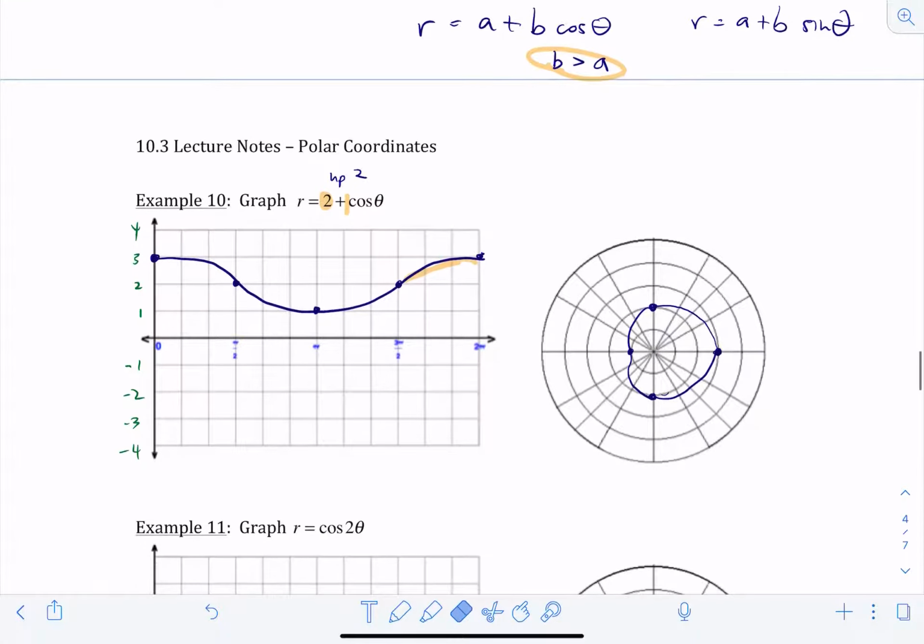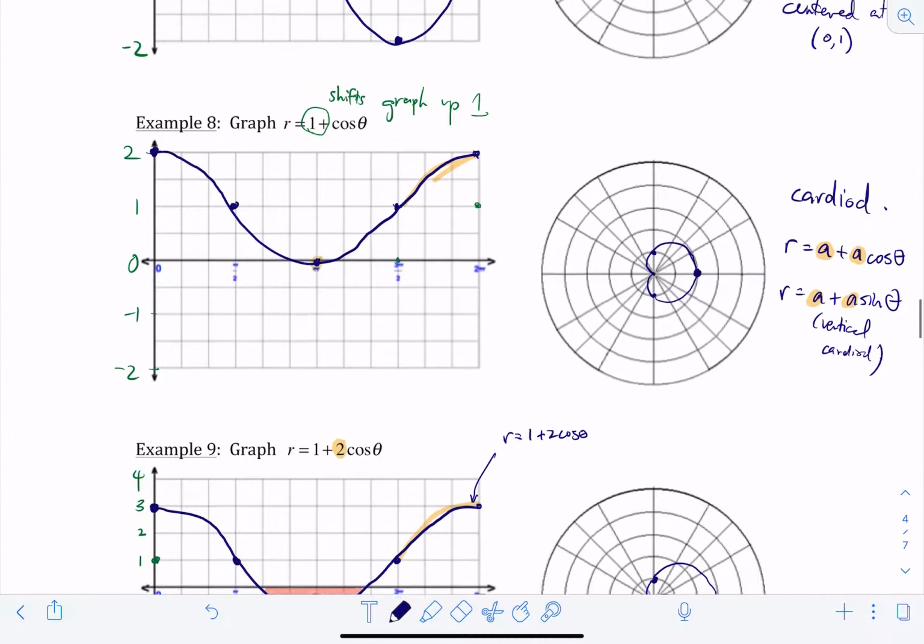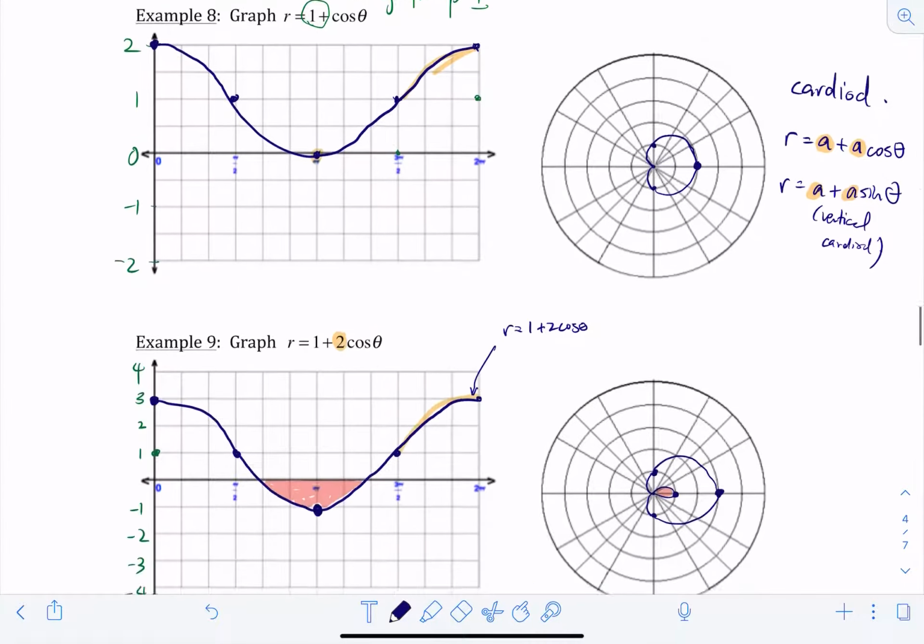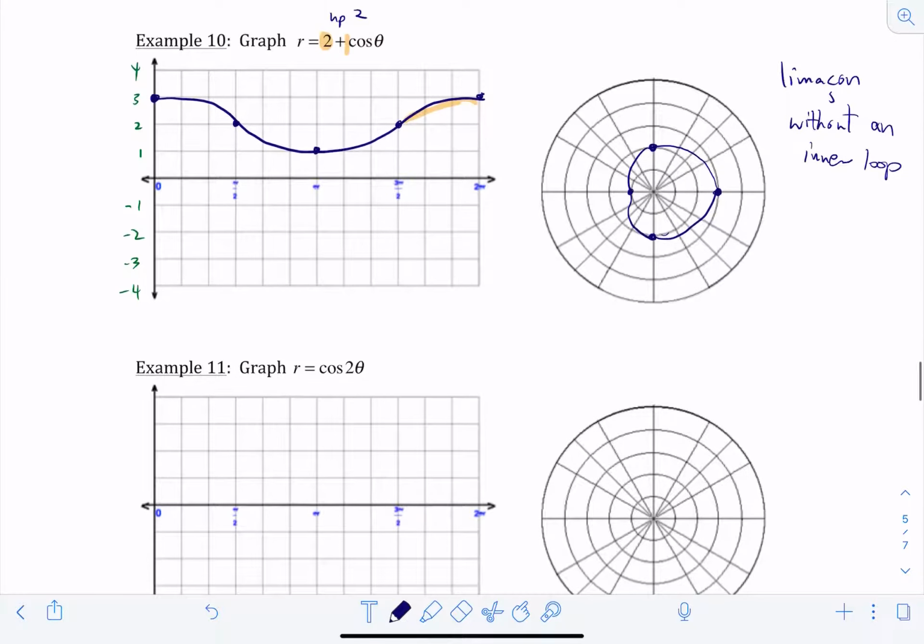Okay. So this type of object is a limaçon without an inner loop. By looking through example 10, example 9, and example 8, what we've really looked at are functions that look like r equals a plus b cosine theta.